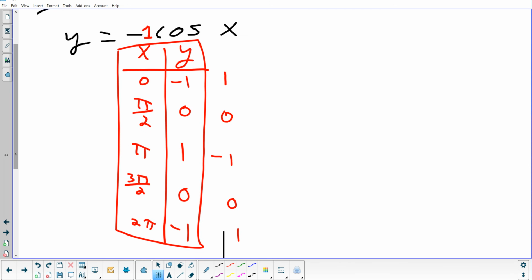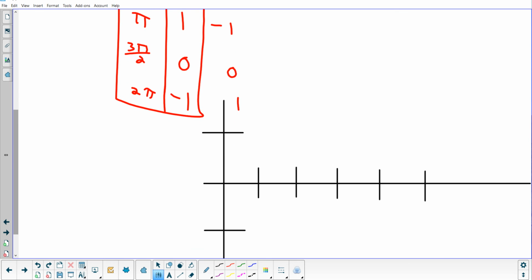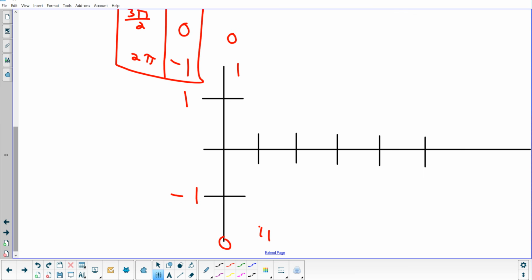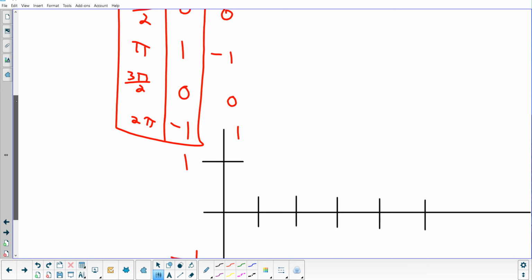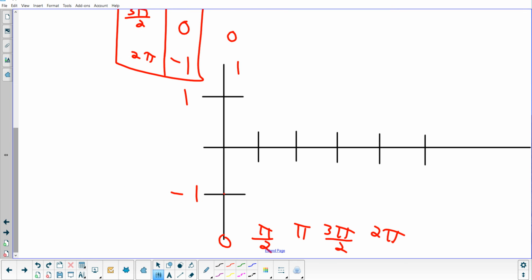Okay, questions on the table? All right, so let's make our sketch. So that'll be 1, -1, 0, pi over 2, pi, 3 pi over 2, 2 pi, and plot your points. So -1, 0, 1, 0, -1.